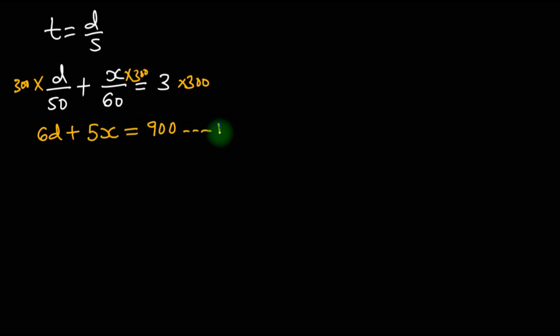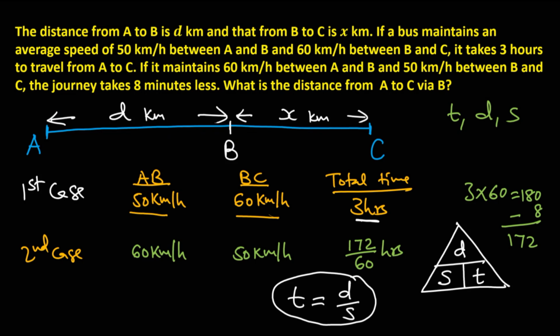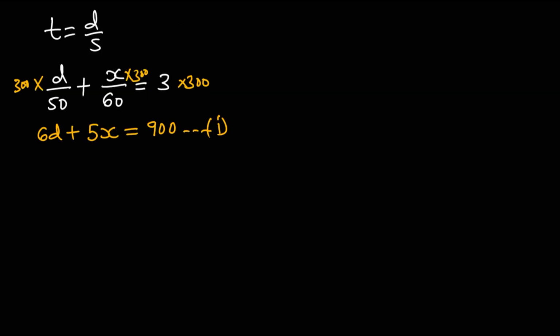I call this the first equation. Then the second scenario: when the speed from A to B is 60 km/h, the time taken will be d over 60.